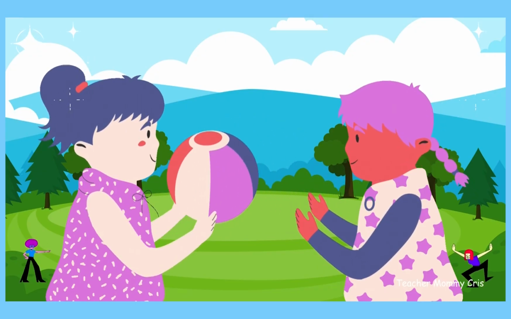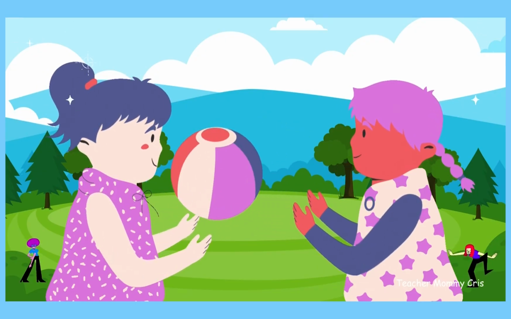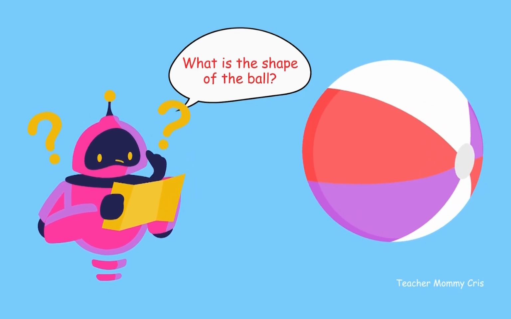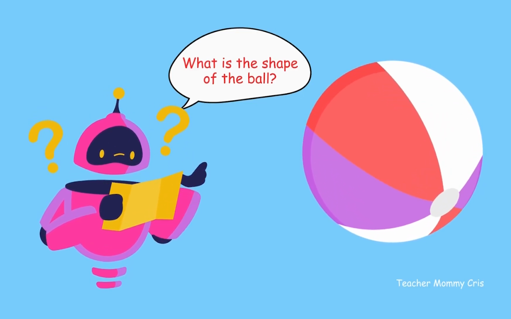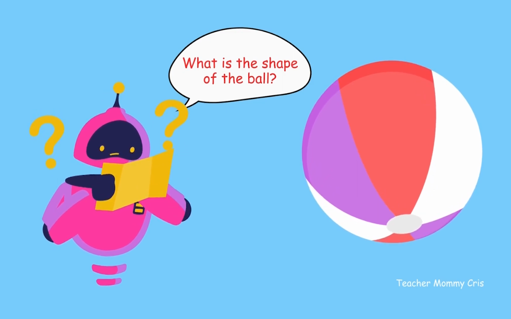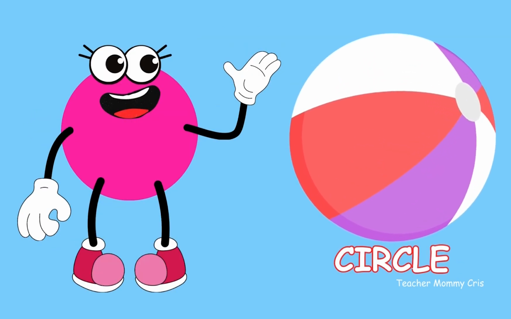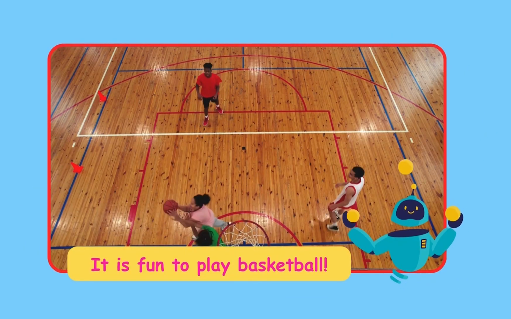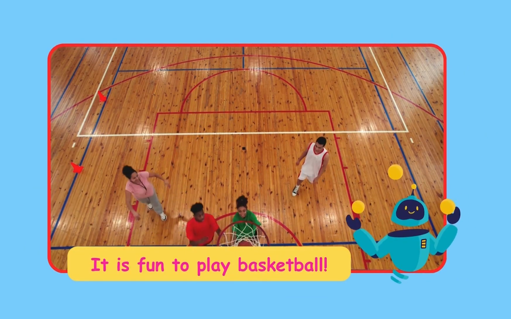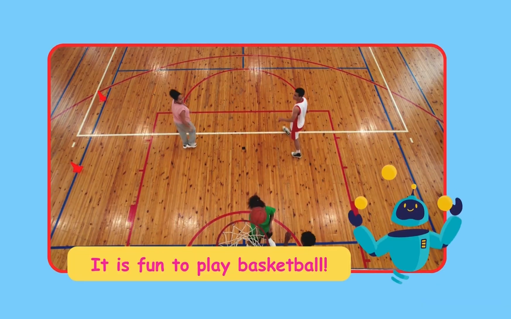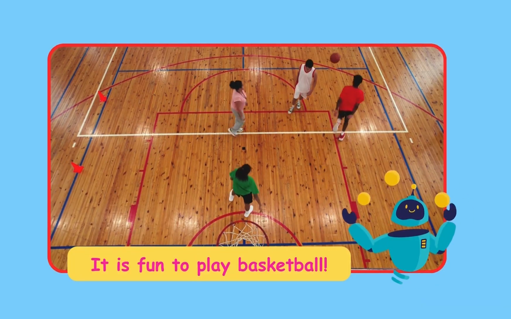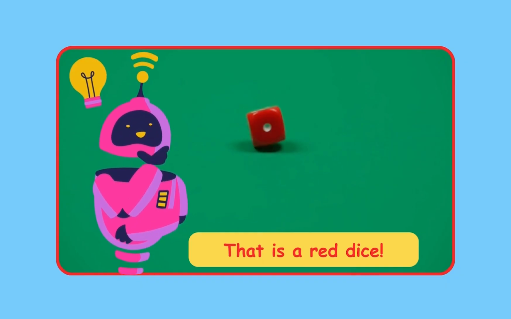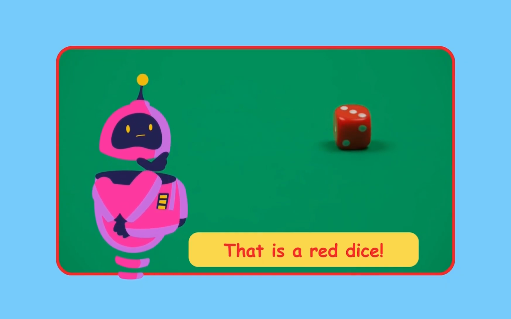The kids are passing the ball. Now, what is the shape of the ball? It is circle. It is fun to play basketball. That is a red dice.